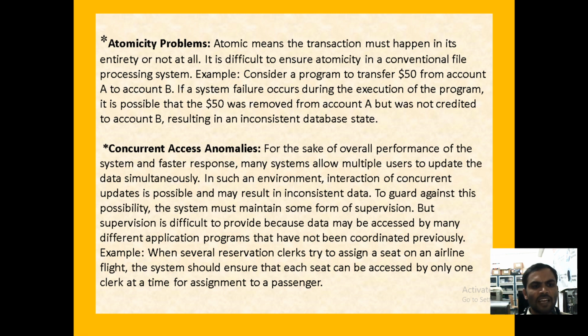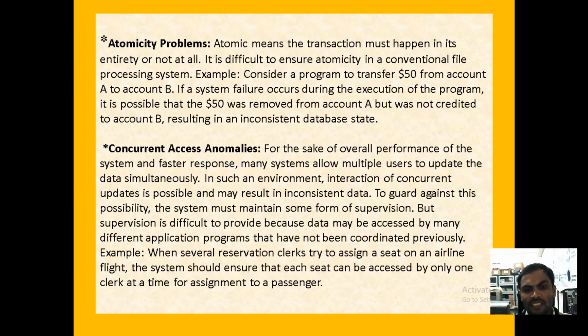Concurrent access will be there under the file processing system. It is a major drawback. If you want the system to perform faster, many systems allow multiple users to update the data simultaneously. Concurrent access means parallel access.